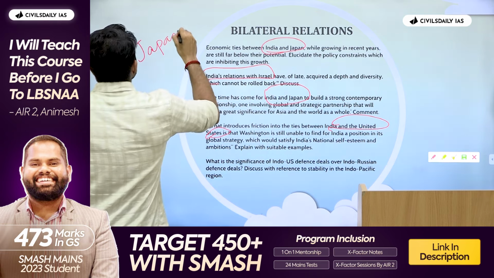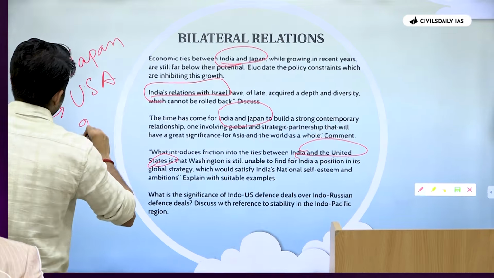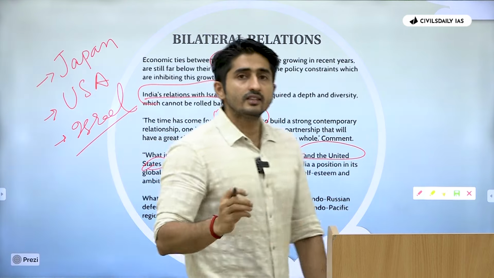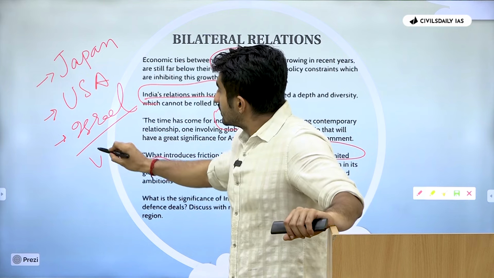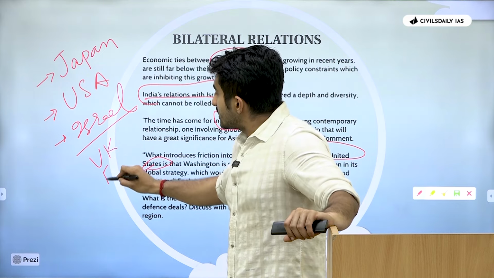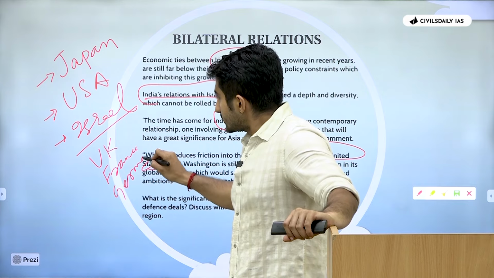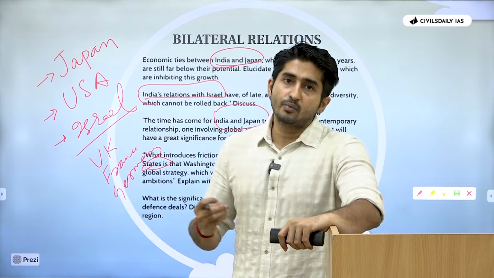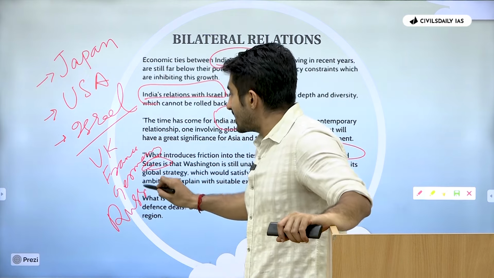That is Japan, USA and Israel. Other than this, the important countries which may come up are the European countries, that is UK, France and Germany, where UPSC has still not delved into, but there's a high probability that it might. And yes, considering the present scenario, Russia as well.